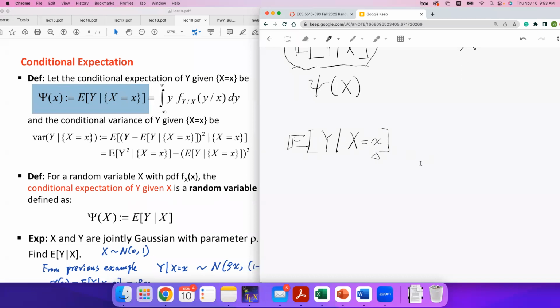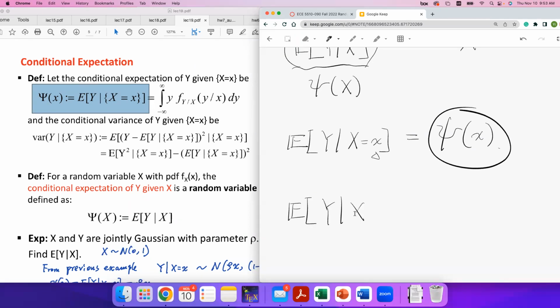Depending on the specific realization of x that you are conditioning on, this quantity, this real number, is a function depending on this realization. If you change this realization to different realizations, this will also change. So in general, if I drop this realization and only consider the random variable itself, it is indeed a function of the random variable.